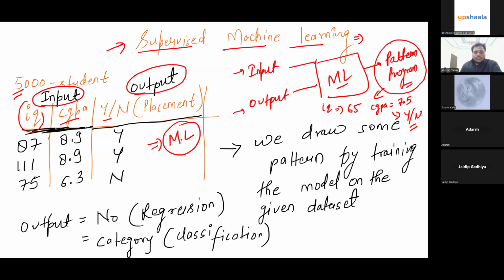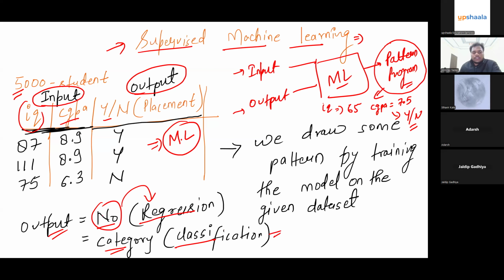If the output is numerical, then you can say it is a regression type of machine learning model. And if it is giving some category result, that means it is a classification type of model.